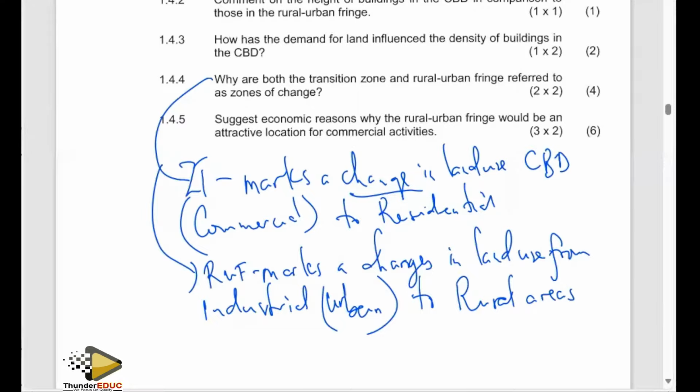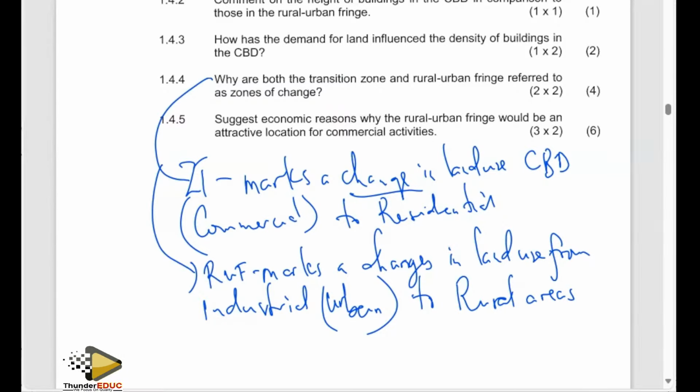It is a zone between the change process of coming from an urban area going to a rural area. And if you check the zone of transition, it is also marking a zone of change from commercial land use zone, which is the CBD, going into residential zone. Right. So basically, that is why we are referring to those zones as zones of change.